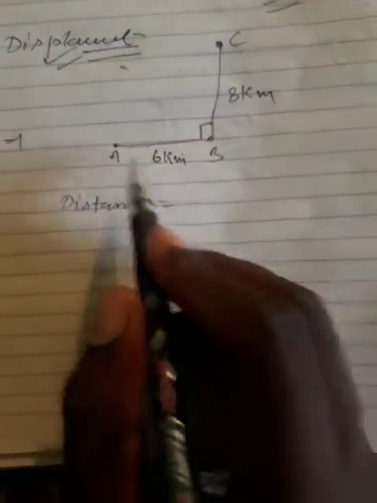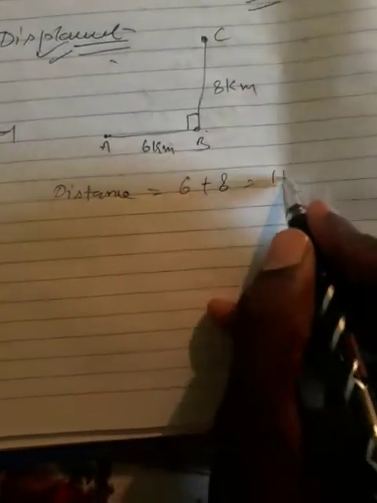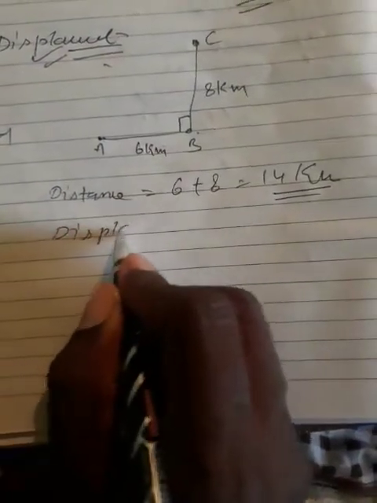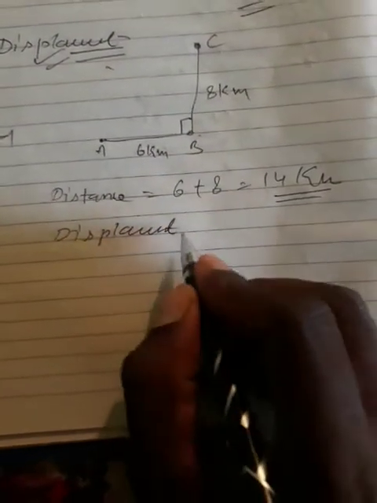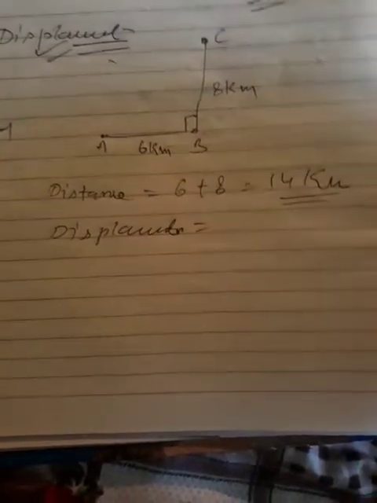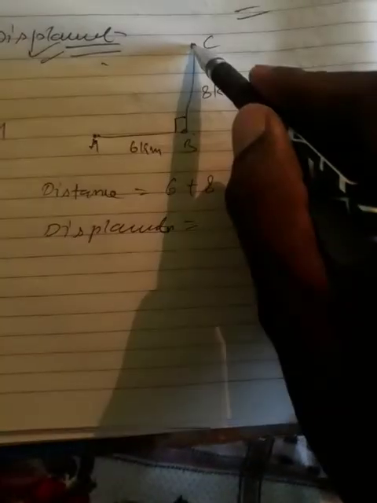So what is the actual path length? AB plus BC, we can write 6 plus 8 is equal to 14 kilometer. But when we read about displacement, it is the shortest distance between initial and final point. This AC will be the displacement.